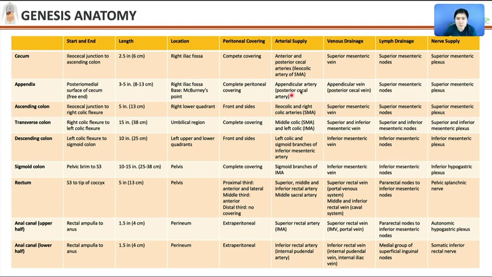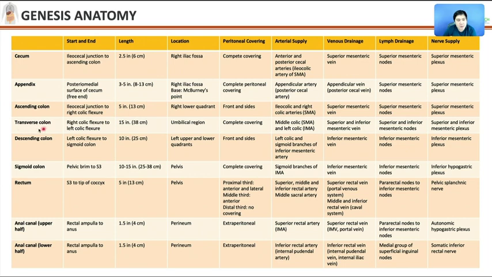So, in terms of blood supply, I will just summarize. Everything starting from the cecum up to the proximal transverse colon will be supplied by the superior mesenteric artery, veins, nodes, and plexus.